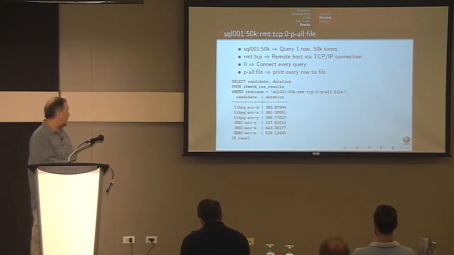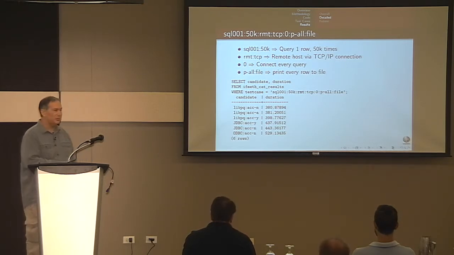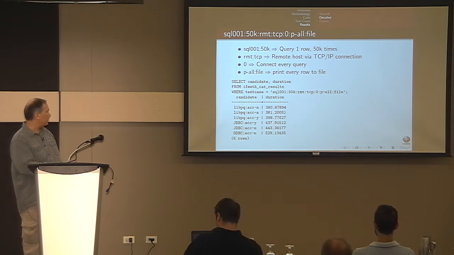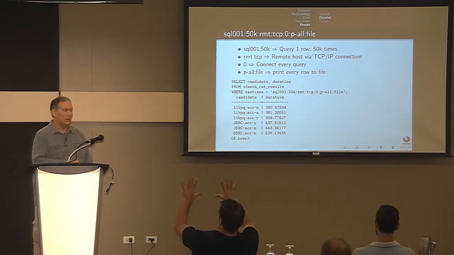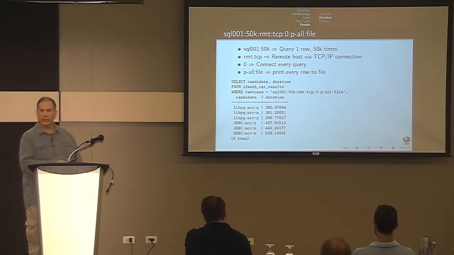JDBC is coming in at 430 seconds for the copy interface, 437 seconds, so about 10% slower. The normal JDBC interface is pretty close in this case, 443 seconds. And the ODBC is really kind of horrible in this case, 529 seconds.